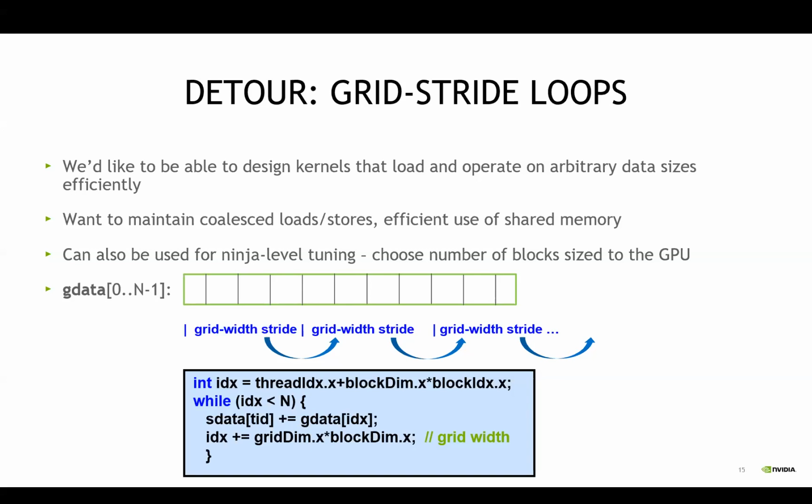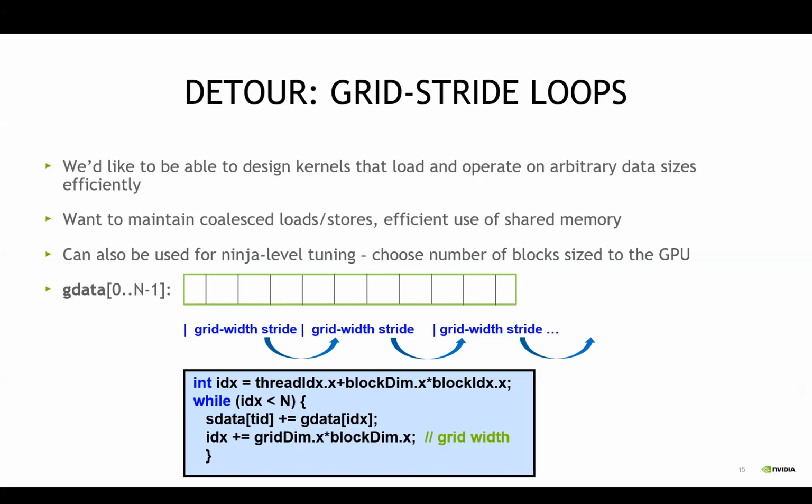In order to construct a grid stride loop, imagine that we have a grid that has a particular width. We're going to have that grid perform whatever operation it's performing, whatever kernel code you have written, on an input data set size that initially corresponds to the width of the grid.